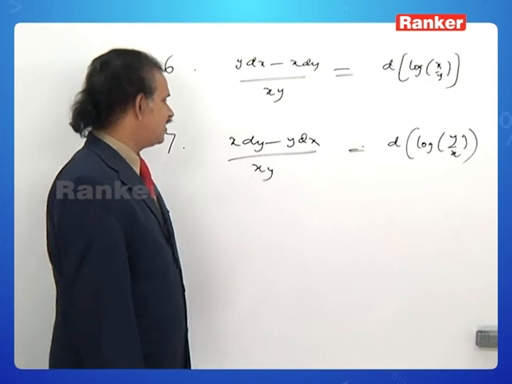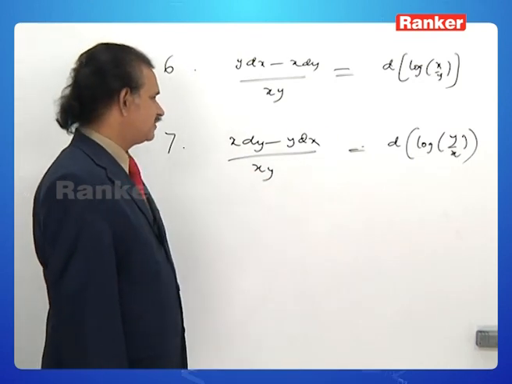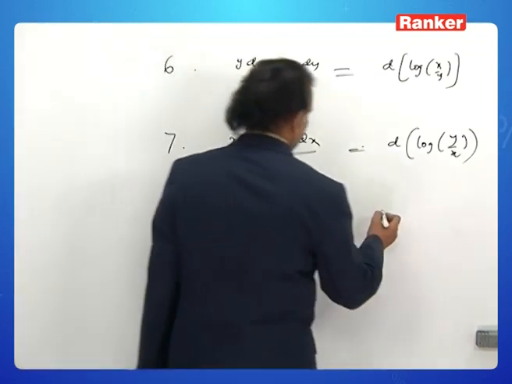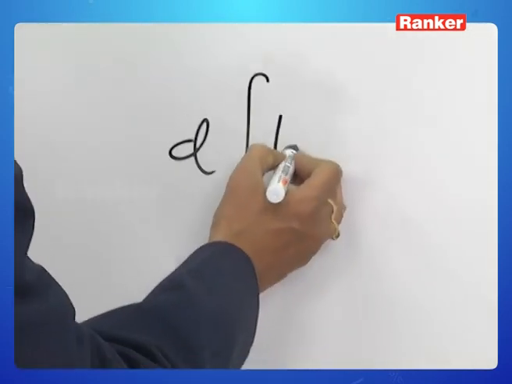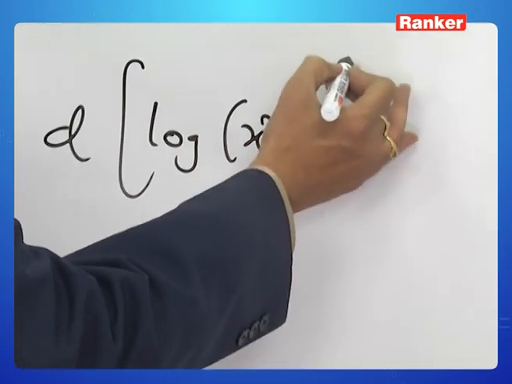So, as and when you look at (x dy minus y dx) by xy, you must be able to recognize that it is nothing but d of log of y by x. One more thing I require from you, d of log of x square plus y square. Come on, tell me.